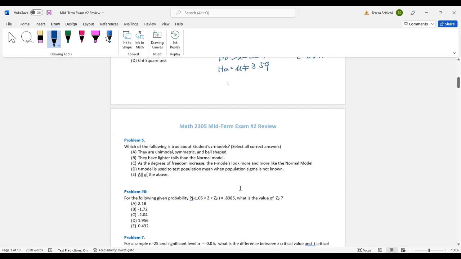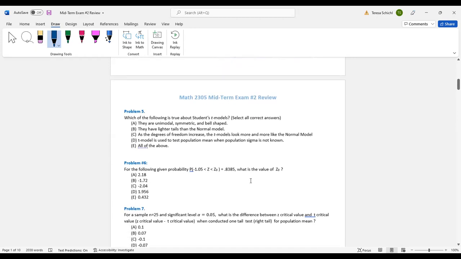All right, let's take a look at number 5. We said, which of the following is true about the student T models here. So the first one, let's take a look. They are unimodal, symmetric, and bell-shaped. Is this true? Yes. We say it's very similar to the normal distribution. Then the second one, we said they have lighter tails than the normal distribution.